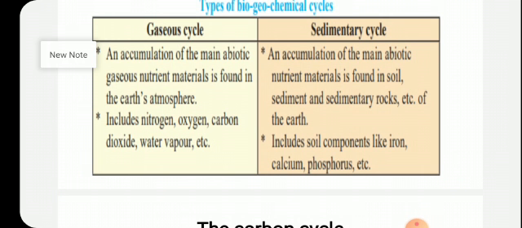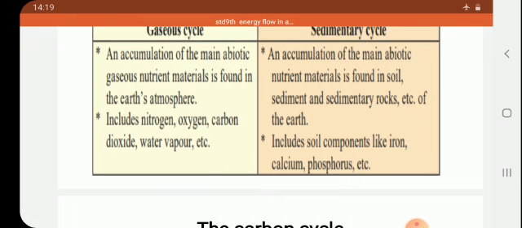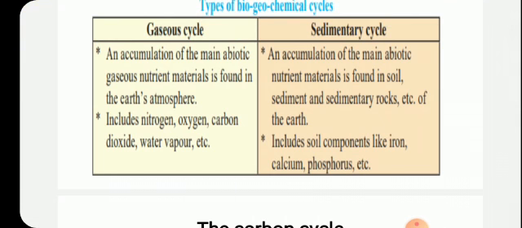They can be passed in the form of liquid or in the gaseous form also. So this cycle is called the sedimentary cycle. It takes a long time to occur. You know, carbon dioxide converts into some other stage very quickly.